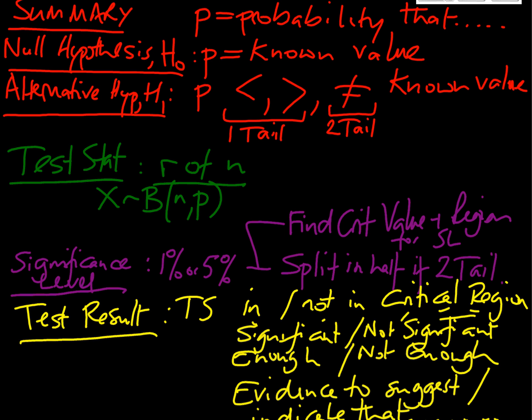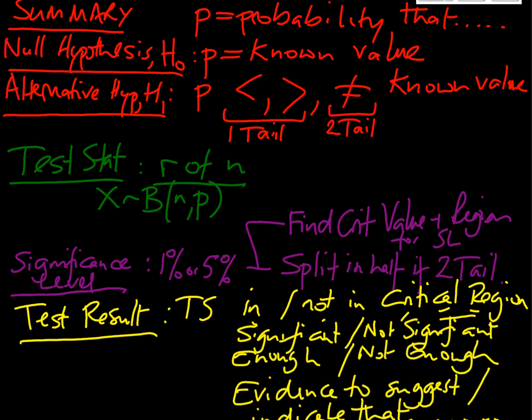In this version, we have to get our significance level of either 1% or 5%. We might have to split it if it's a two-tail, otherwise we'll put it all together at the extreme end. Then we have to find our critical value from our binomial.